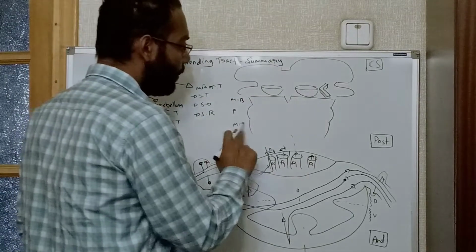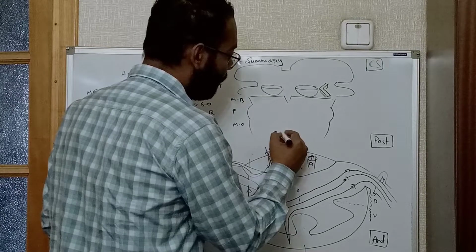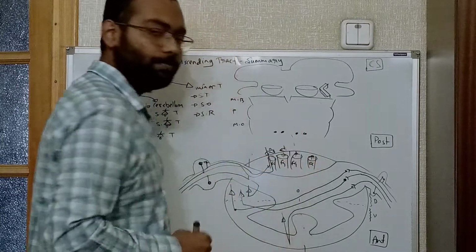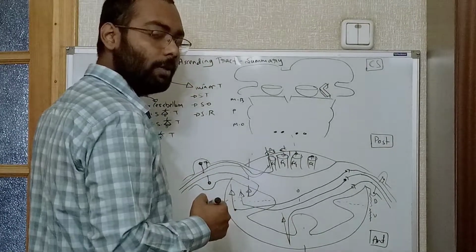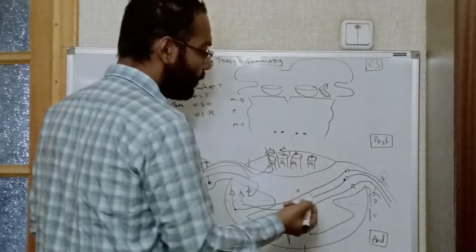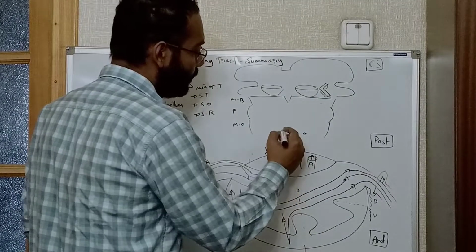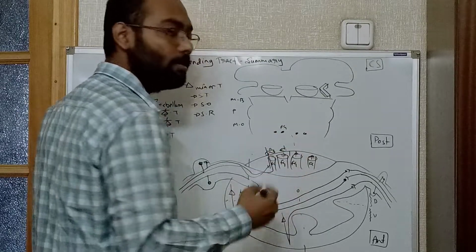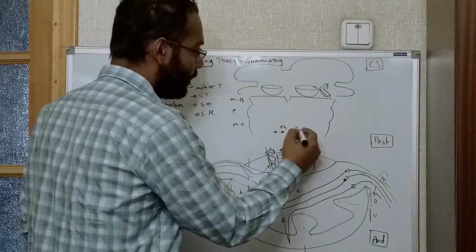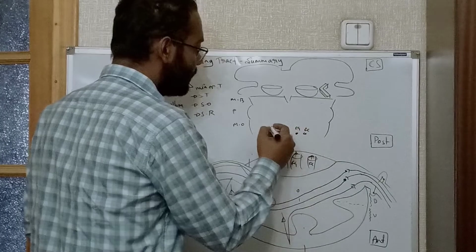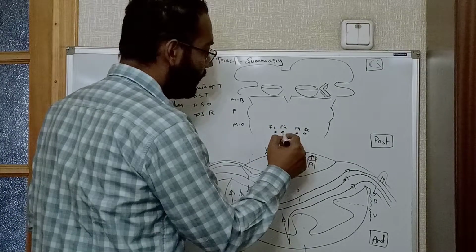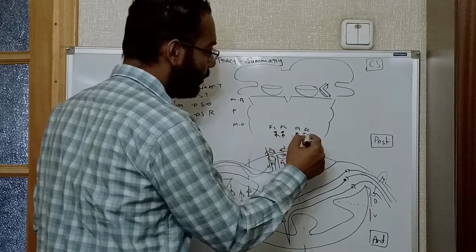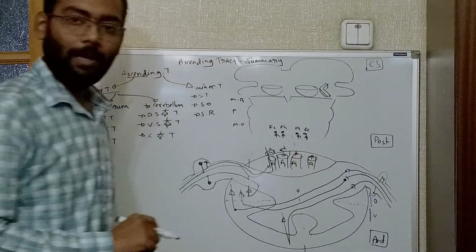In the medulla, you have four nuclei. This is the fasciculus gracilis nucleus, and the same thing happens here, and this is the fasciculus cuneatus nucleus. All these fibers will terminate here. So first order neurons terminate here.